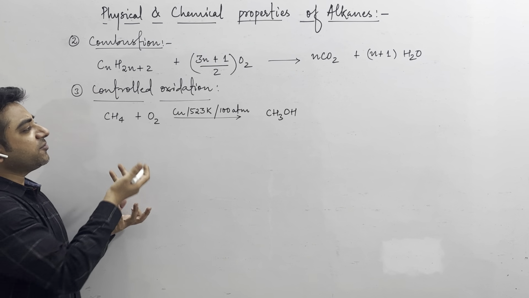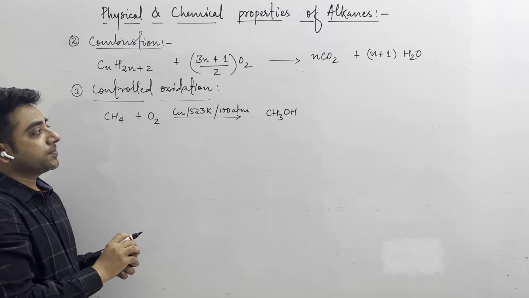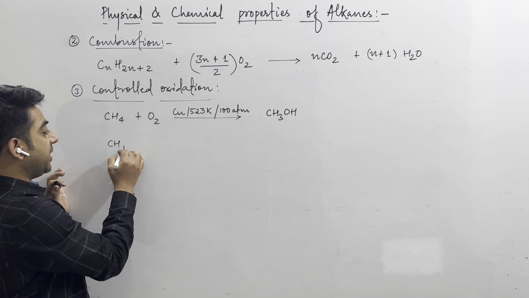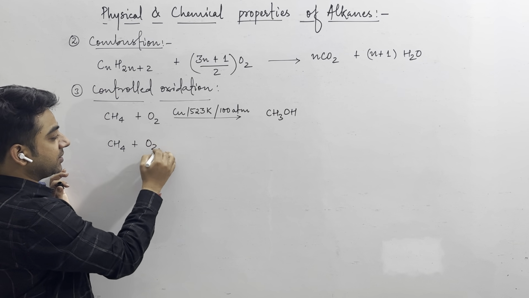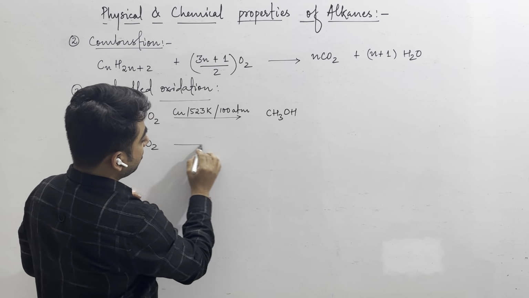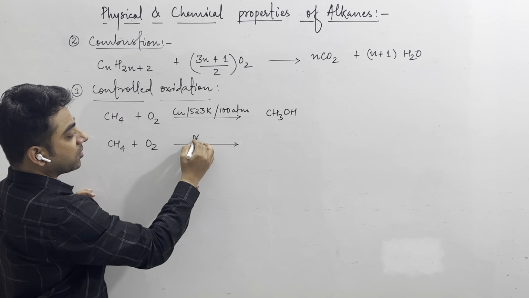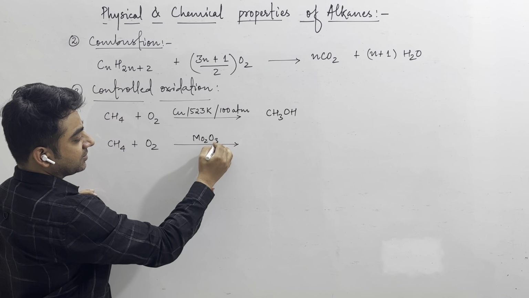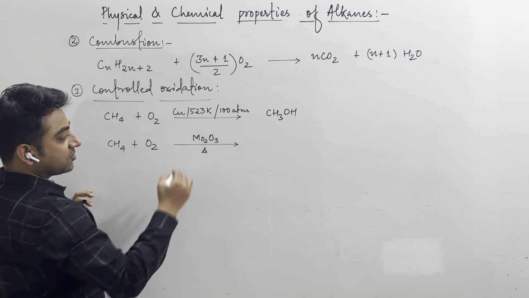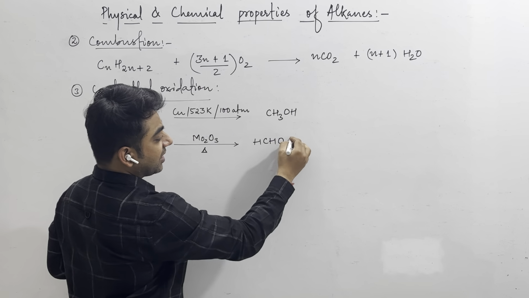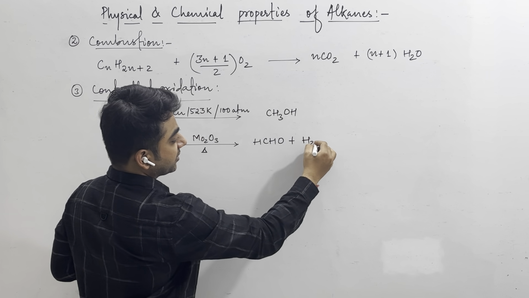You can do the needful for balancing this equation. Same way, methane can get oxidized even in presence of molybdenum oxide as a catalyst, and it oxidizes to methanol and water.